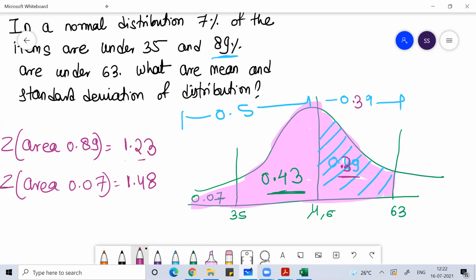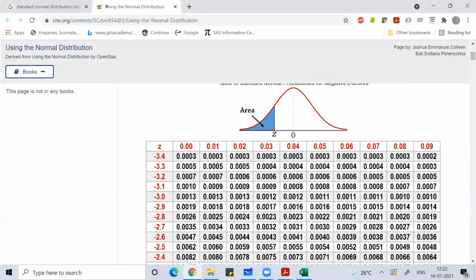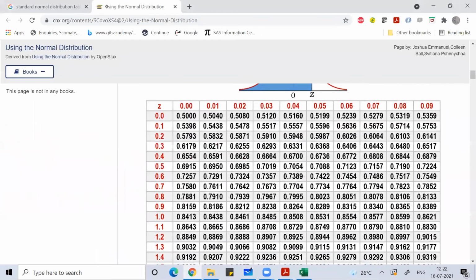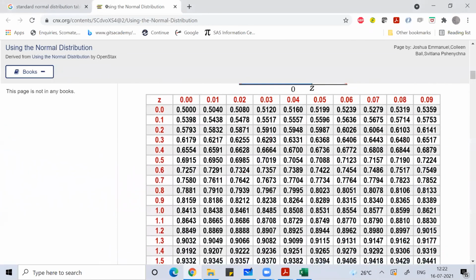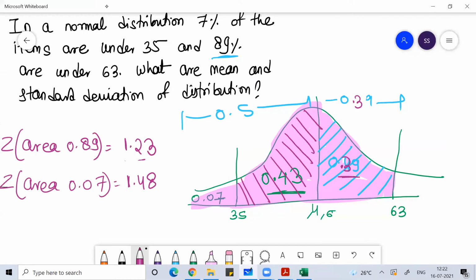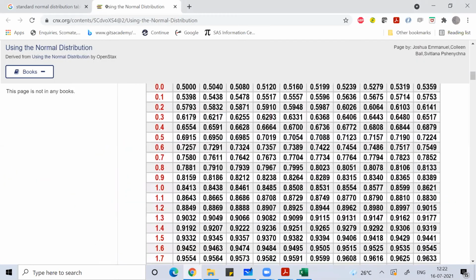And then 0.43, this area. If you want to see it in the positive table, check 1.48.